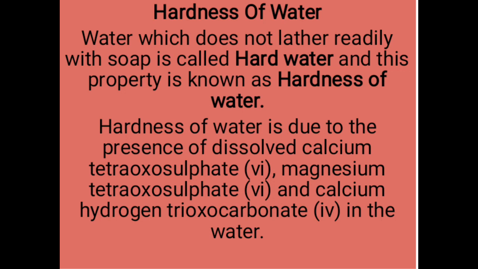Calcium tetraoxosulfate 6 and magnesium tetraoxosulfate 6 cause permanent hardness in water, while calcium hydrogen trioxocarbonate 4 causes temporary hardness in water. Note it now. Calcium and magnesium tetraoxosulfate 6 cause permanent, while calcium hydrogen trioxocarbonate 4 causes temporary.